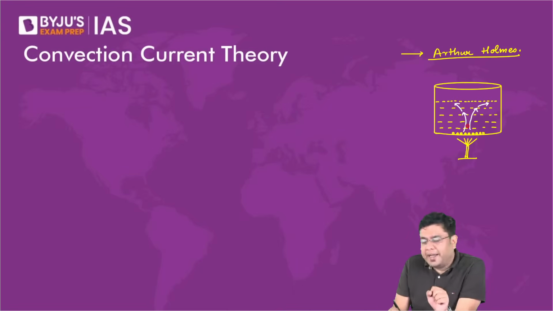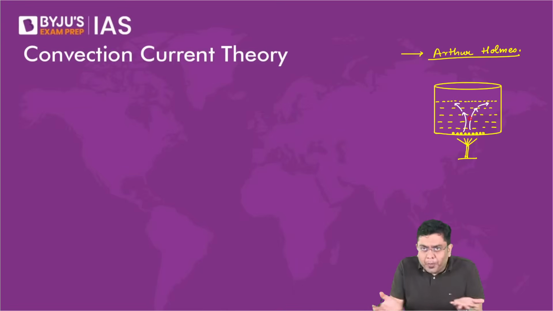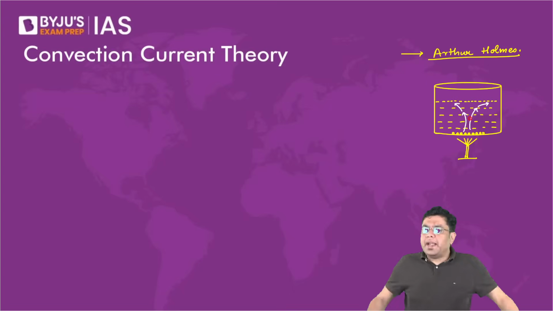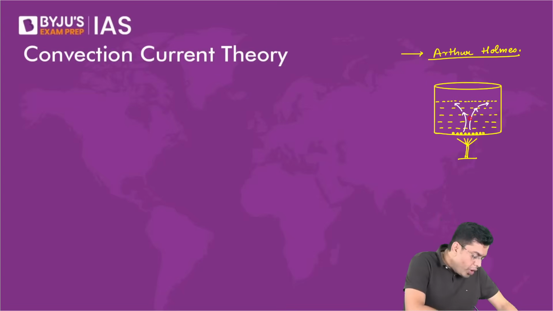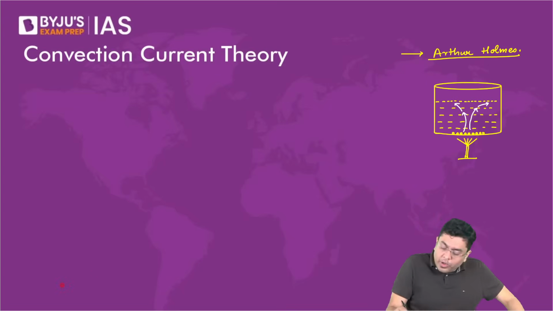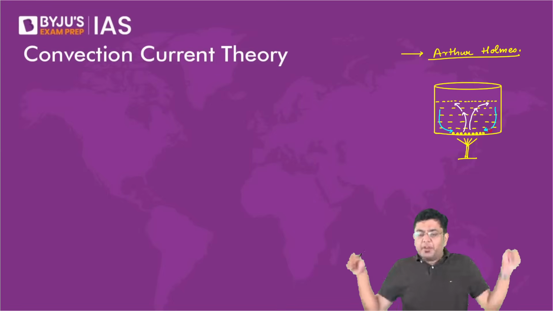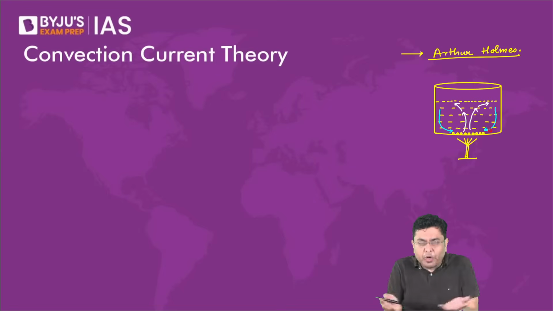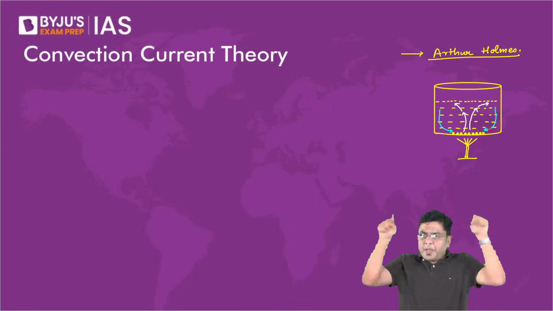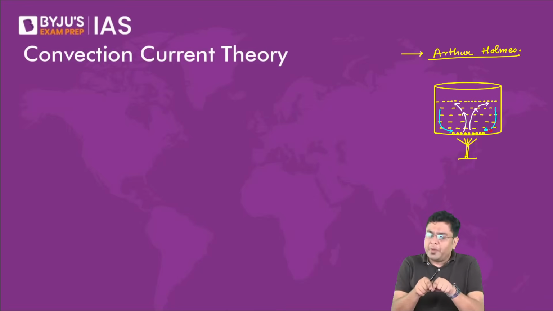In the meanwhile, as the bottom portion has slightly elevated and come to the top, the colder waters which are present at the top will replace those bubbles at the bottom, isn't it? So they will also get heated, they will also rise to the top. Then other cold ones will replace them.